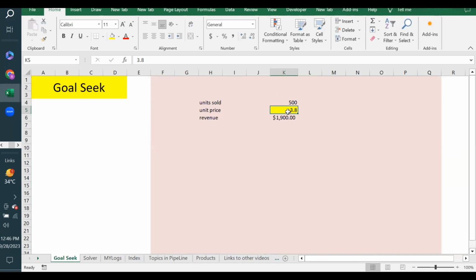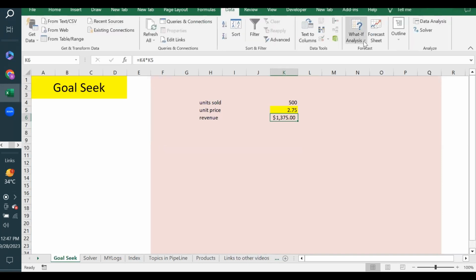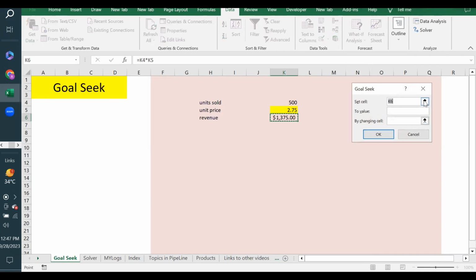And the same thing you can use, for example, if you have a predetermined unit price, for example $2.75, and you want to determine how many units are to be sold to reach a certain revenue, for example $3,000. So what we would do is go to the What-If Analysis, and there you have the Goal Seek.